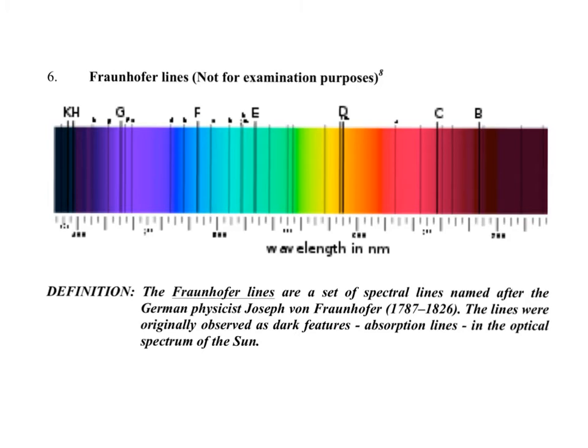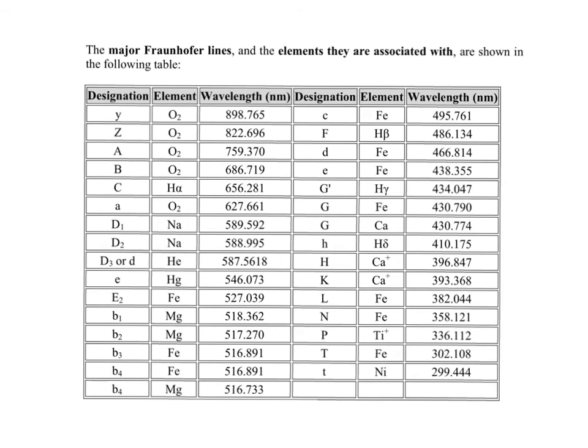And when they do that, they are able to give us a huge amount of information about the star. So for instance, the major Fraunhofer lines and the associated elements that they represent are shown in the following table, and we see there's a lot of oxygen, there's hydrogen, there's sodium, there's helium, there's mercury, there's iron, there's magnesium.